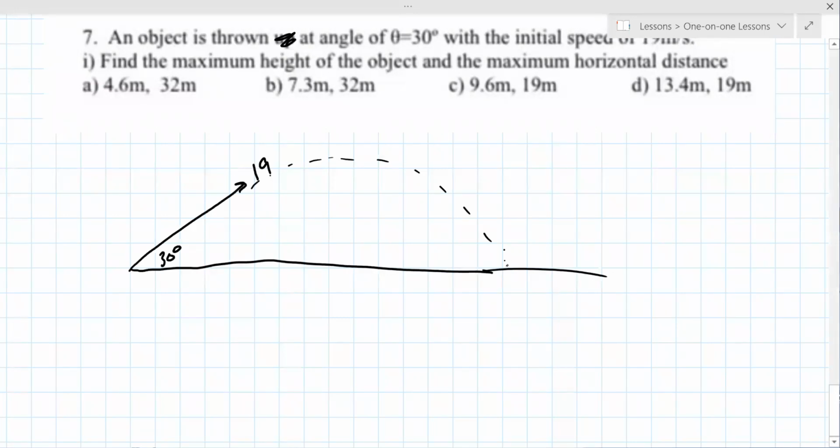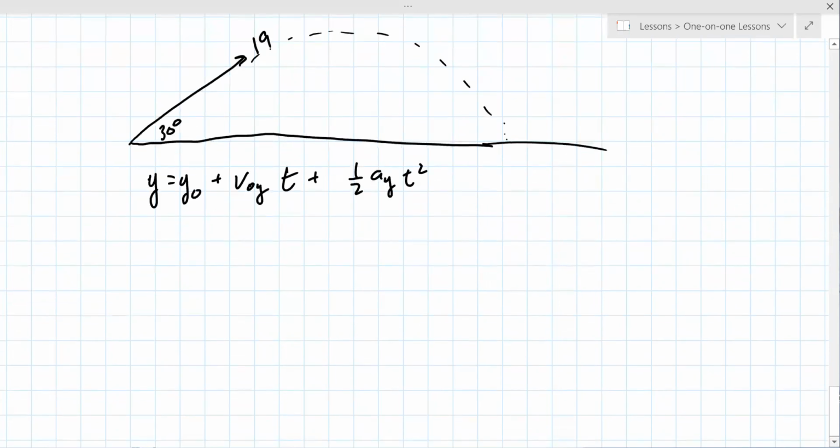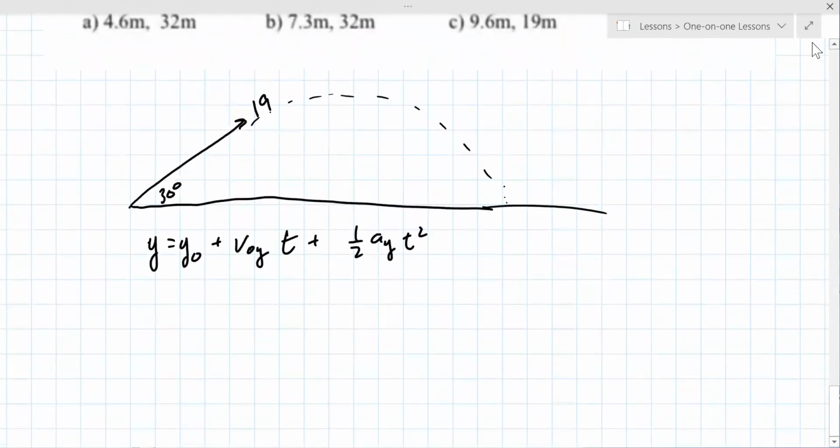To find the horizontal distance, you need time, just like most every problem we've done so far. Try to calculate that out. y equals y initial plus vy t plus 1/2 ay t squared. So which of these quantities is zero? y initial is zero.